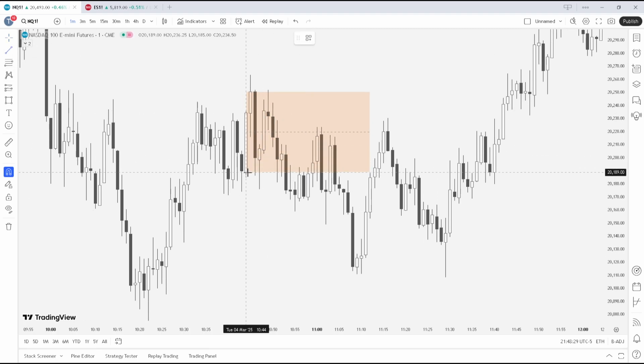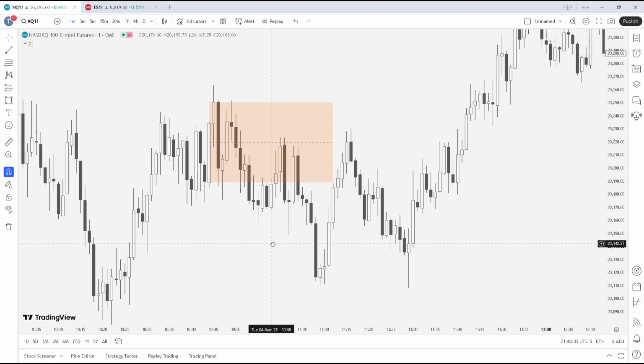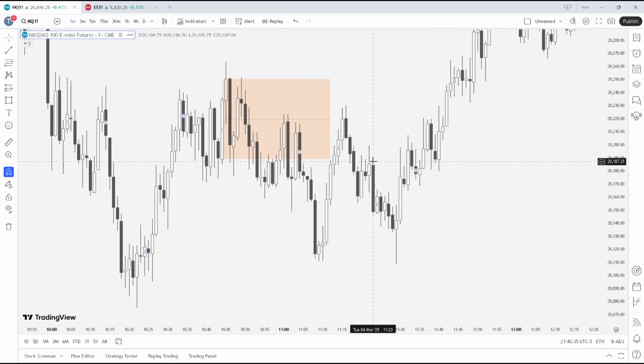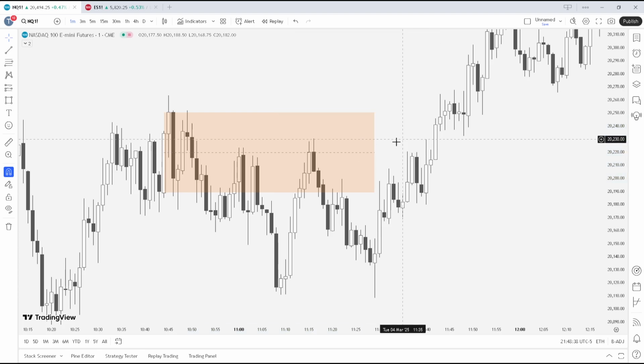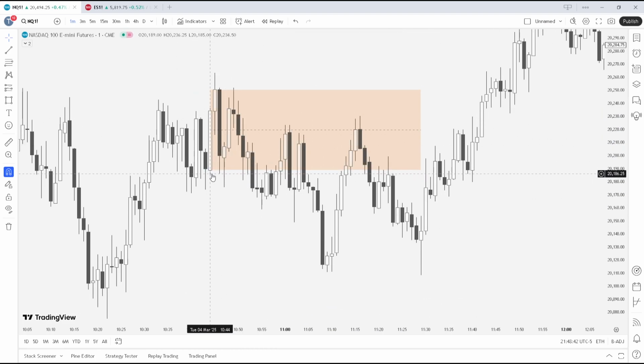And you can see this one is not respected very cleanly because we are just bullish on the higher time frame. So you can see we chop around, and then once we close below this candle, it becomes an order block. Once we close on this 1053 candle, that's the first candle where we close below this level.